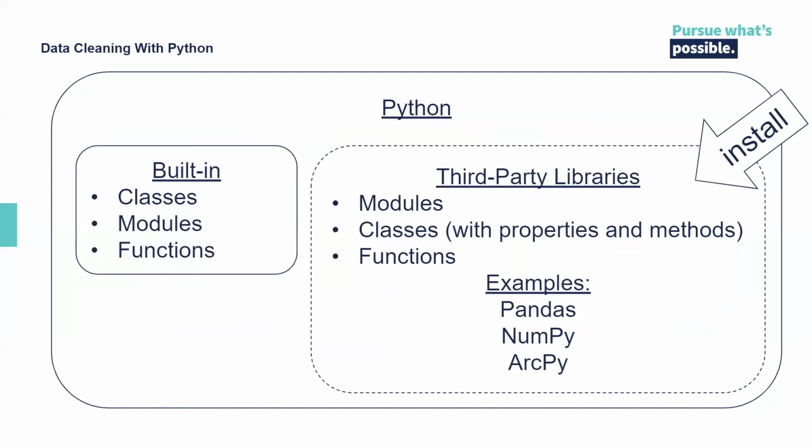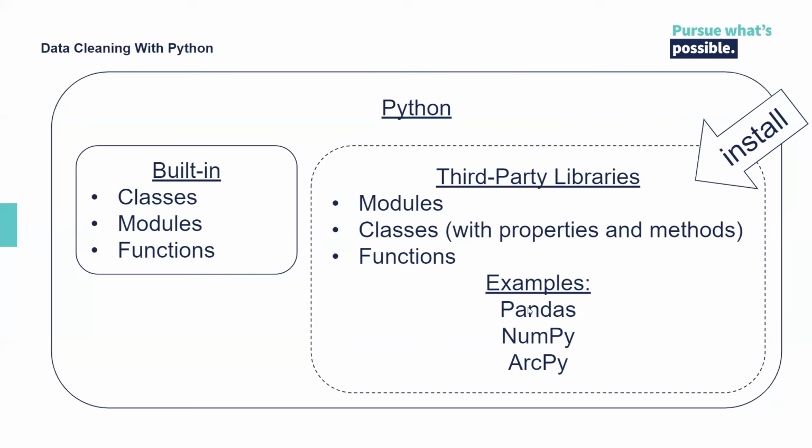Now, taking all those built-in things and moving them off to the side, you can also install third-party libraries within Python. You'll hear them referred to as libraries or packages or site packages. These have typically been written by people in the Python community, and you install them separately after you've installed Python, and they come with their own set of classes, modules, and functions.